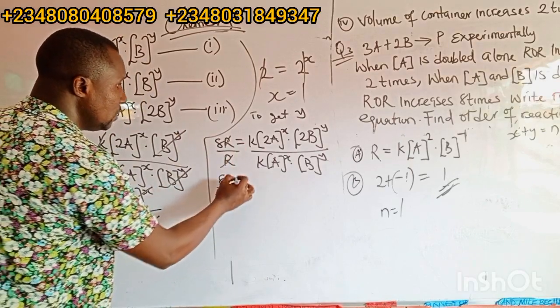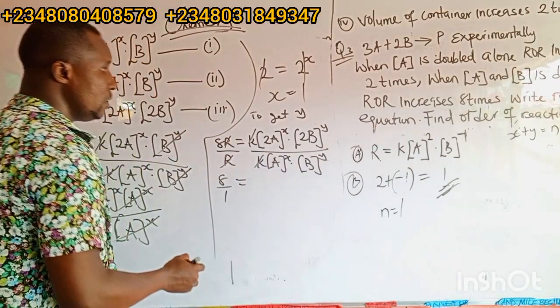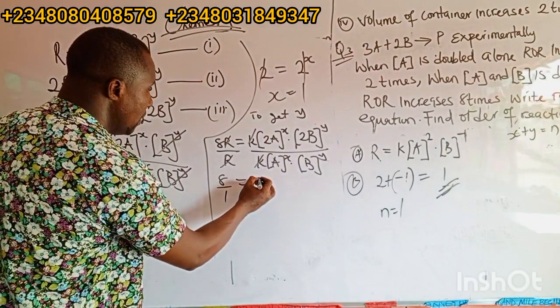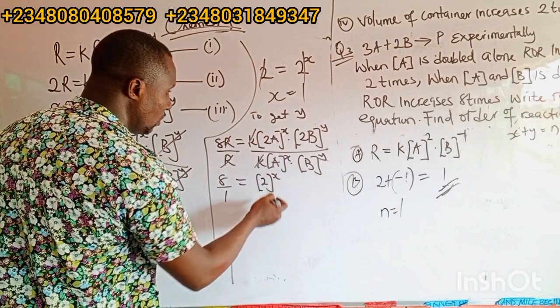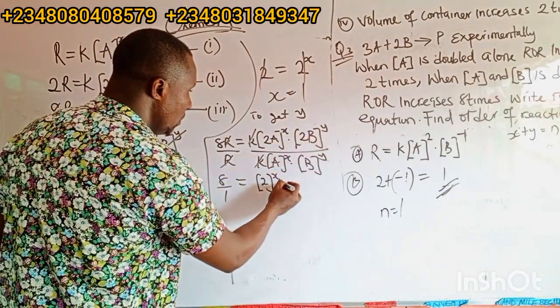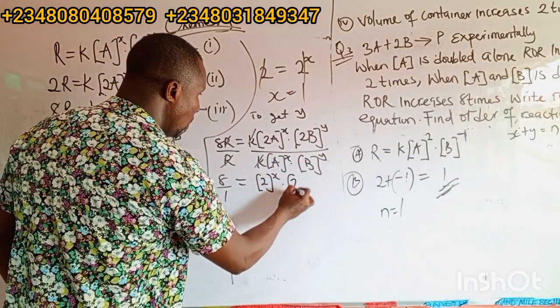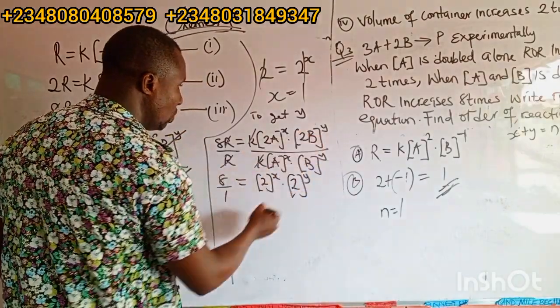You have 8 over 1 equal to 2 raised to power X, then 2 raised to power Y. This one has cancelled.